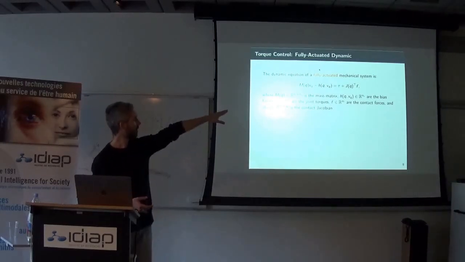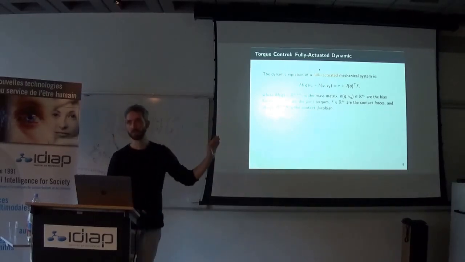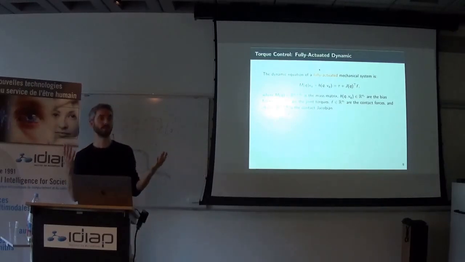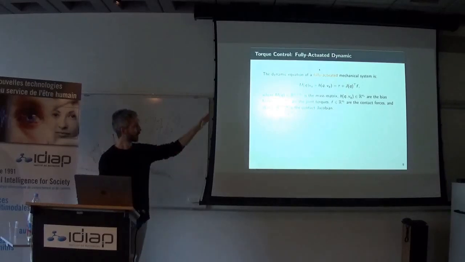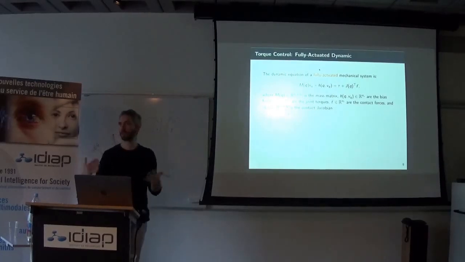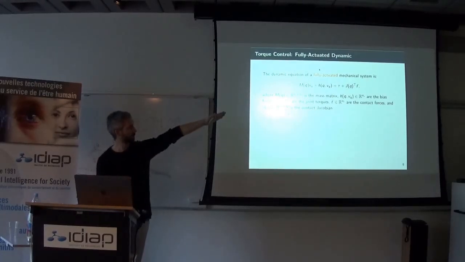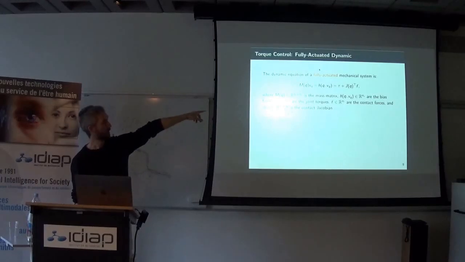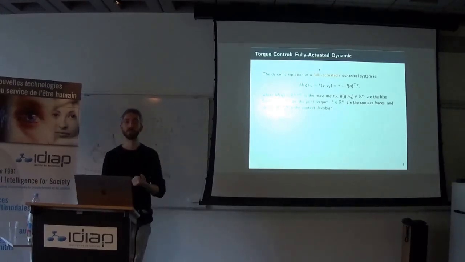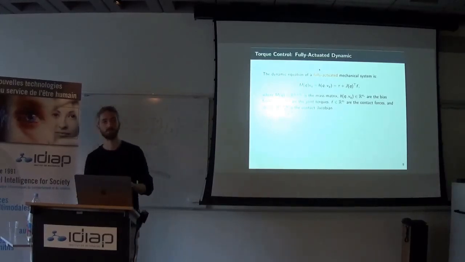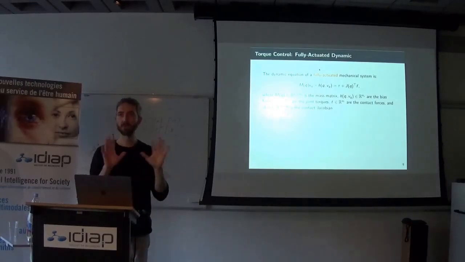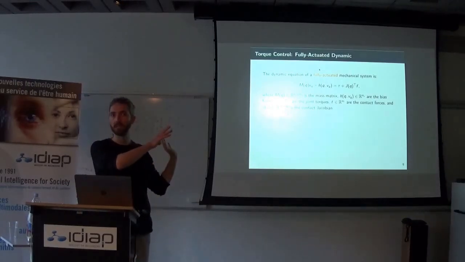Equal to tau, which are the joint torques, or more in general, the forces generated by your actuators, plus J transpose, which is the Jacobian associated to the contact points, assuming your robot is in contact, otherwise you don't have the last term, times f, which are the contact forces. Okay, you should be already familiar with this equation, just tell me if you're not.